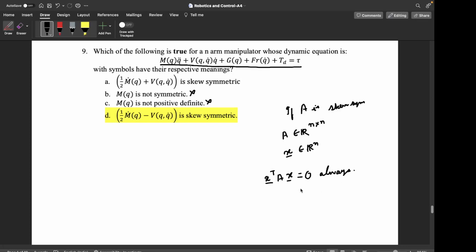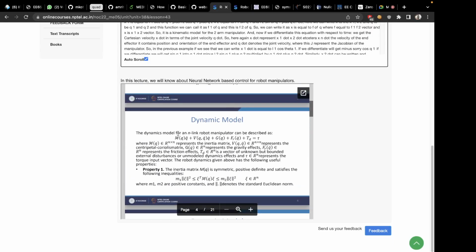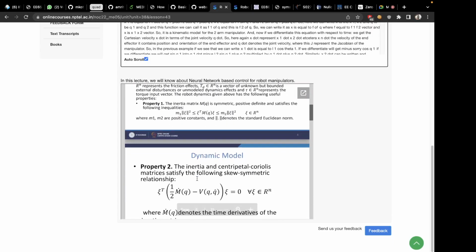Every skew-symmetric matrix satisfies this property. You can verify this one easily. For the other property, I would have to check once again how this comes up.